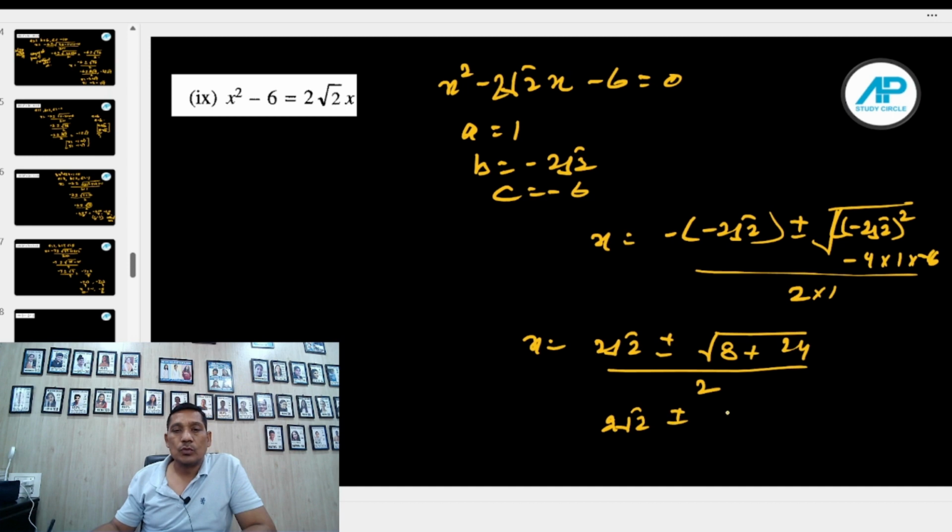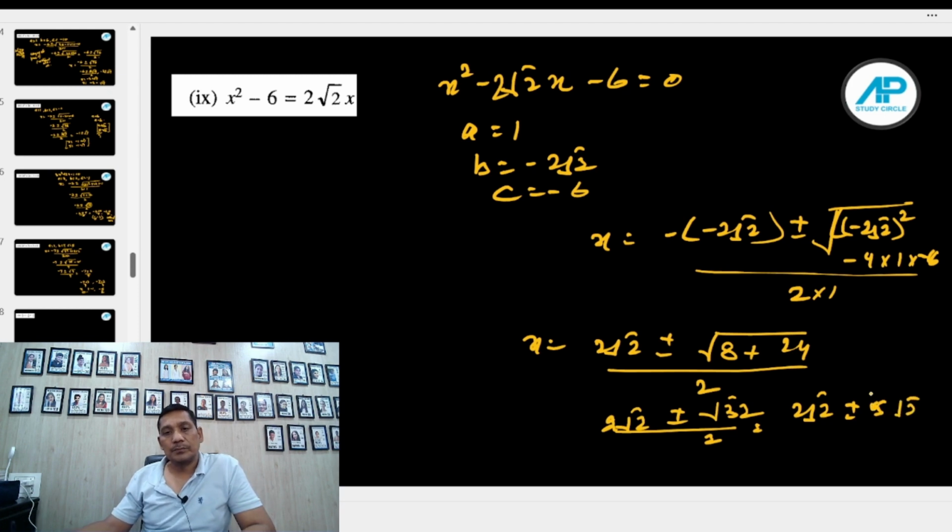2 root 2 plus minus, what will that be? Root 32 upon 2. What is 32? Do you know that?